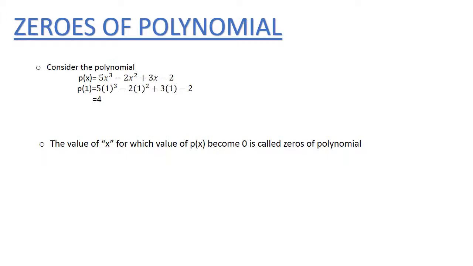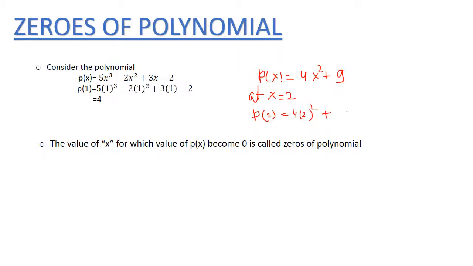Let's say P(x) equals 4x square plus 9. We have to calculate its value at x equal to 2. So P(2) equals 4 into 2 square plus 9.